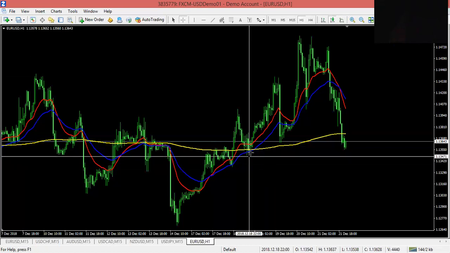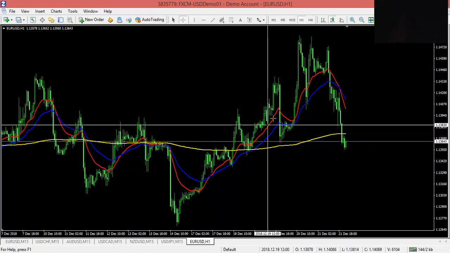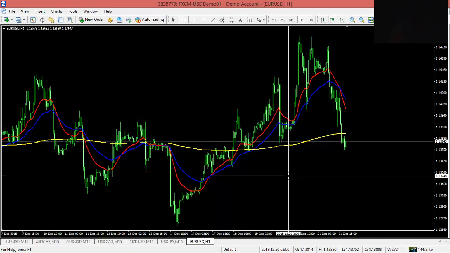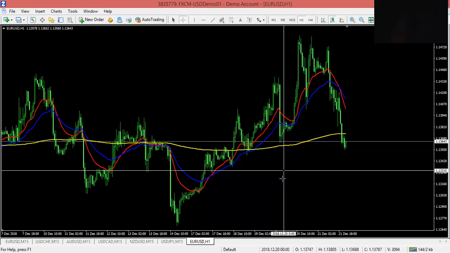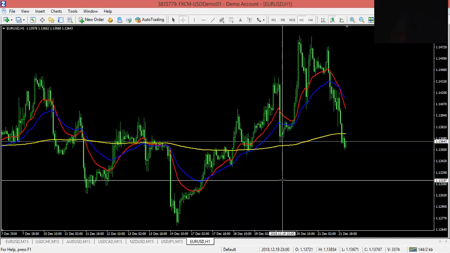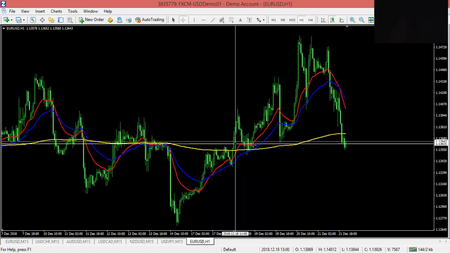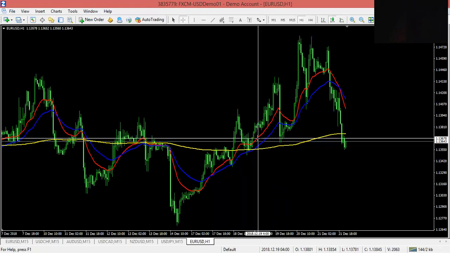Sometimes these things just move up a little and start coming back down. I always like a setup whereby I allow the red and the blue to cross the yellow.